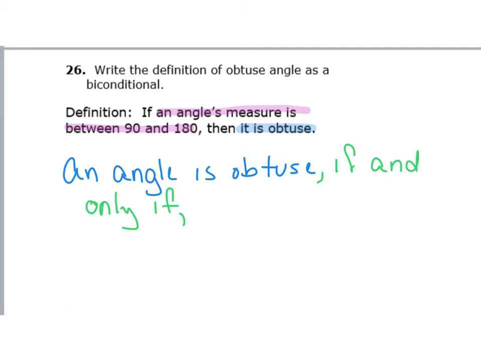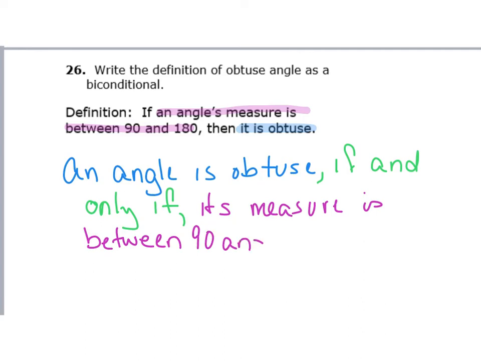So an angle is obtuse if and only if its measure is between 90 and 180. Okay, and just a little aside, remember that if and only if can be abbreviated with IFF. Okay, so we'll do that when we get to number 20 pages.